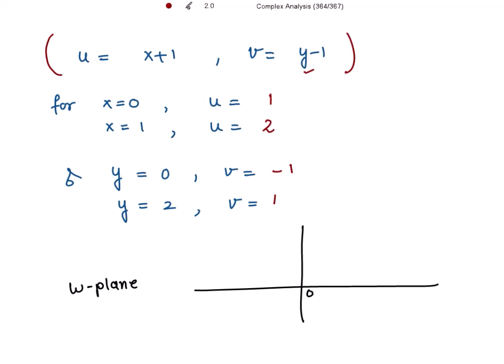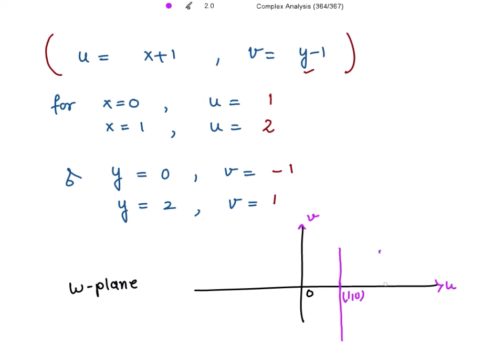So let's draw the region in the W plane now. For x equal to 0, I get u equal to 1. This is your u axis and this is your v axis. For x equal to 0, u equal to 1. This is the point. Let this be 1, 0. Then for x equal to 1, I get u equal to 2.